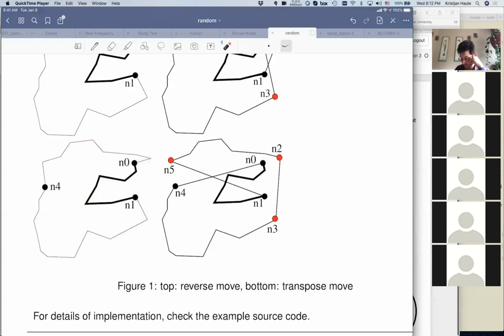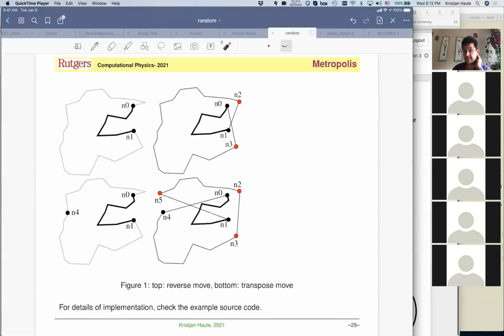So there is a lot of path which is untouched. So this part is untouched, this part is untouched, but these N0, N1, N4, N5, N2, and N3 are reconnected. Okay, so these are all the moves that we're going to implement.